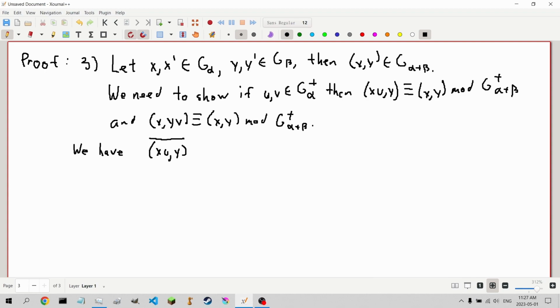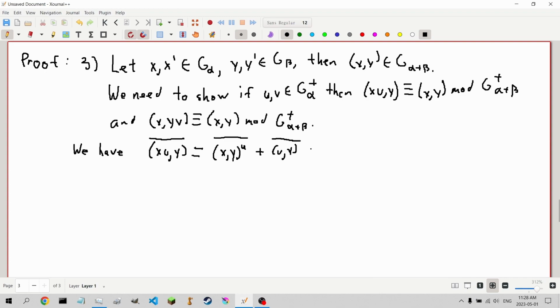So this is essentially modding by G positive of alpha plus beta. And this is equal to, of course, xy to the u plus uy, these things as images.